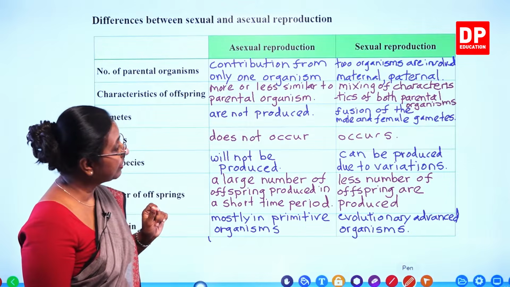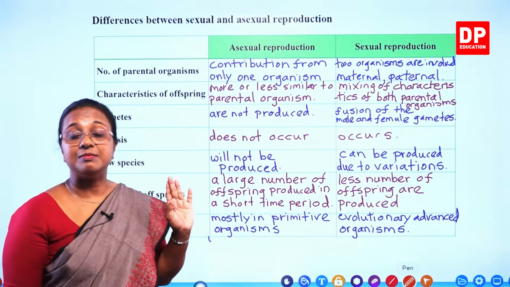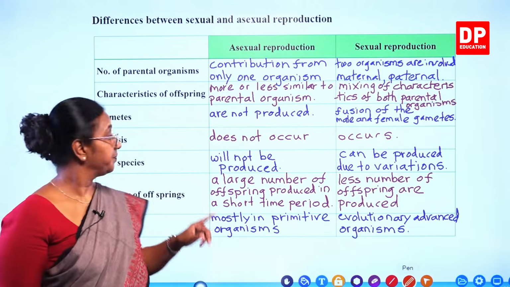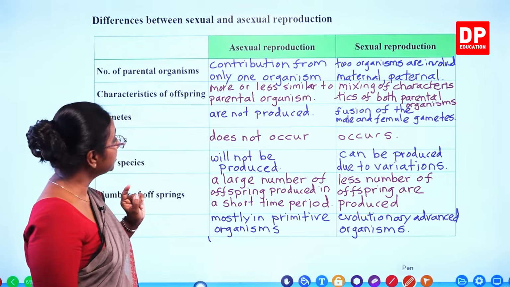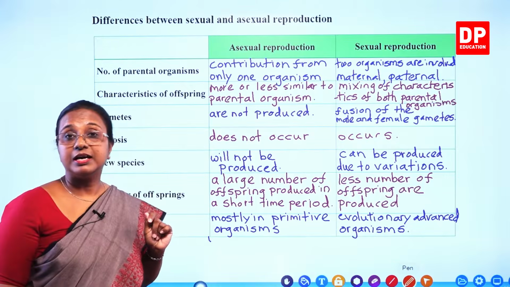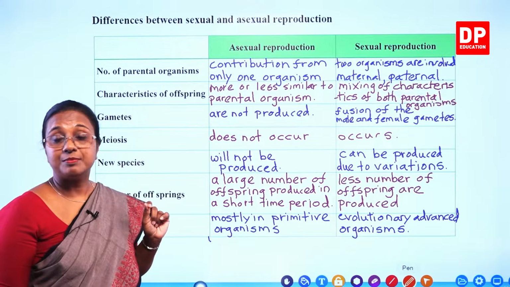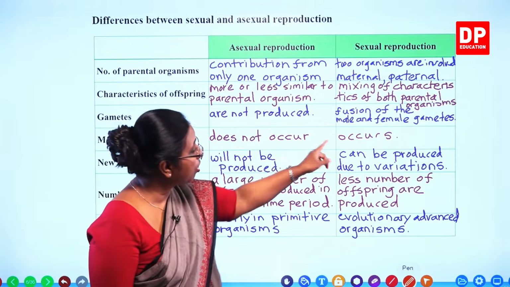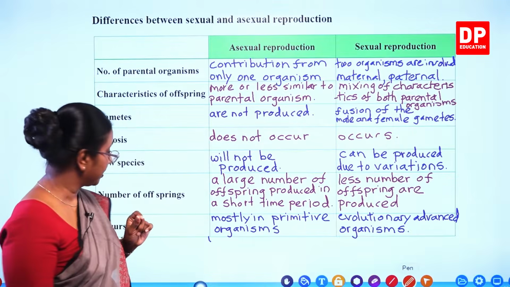Whereas in sexual reproduction, fusion of the male and female gametes takes place. Then if we consider meiosis, meiosis does not occur in asexual reproduction, whereas meiosis occurs in sexual reproduction.